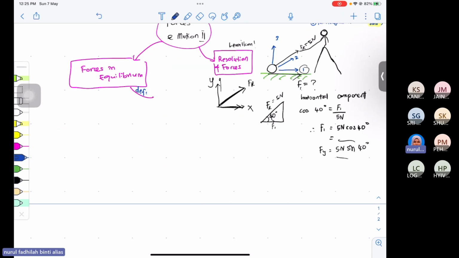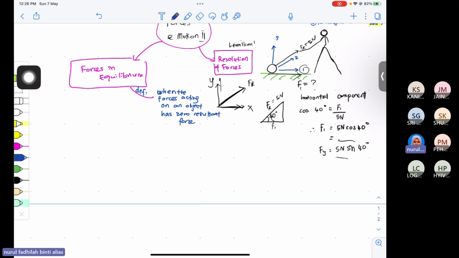So, equilibrium of force is a condition when the forces acting on an object give zero resultant force.